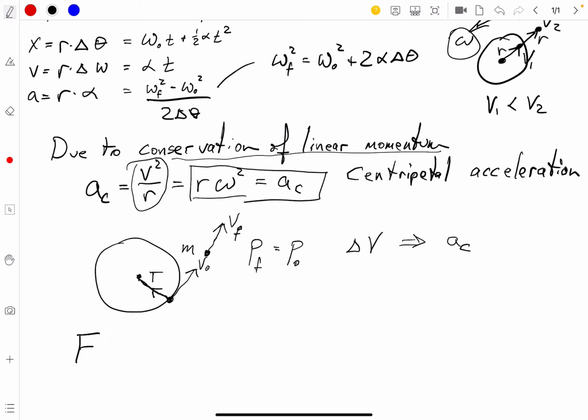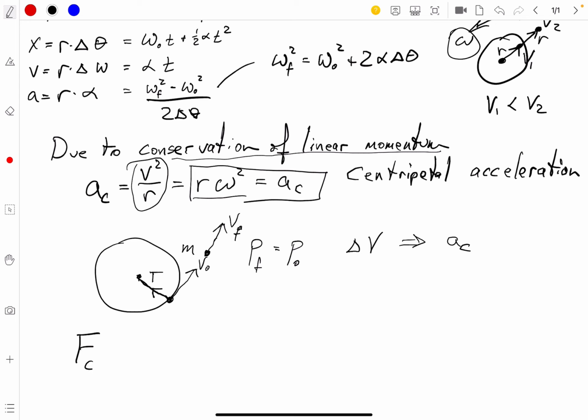So we have a force holding something toward the center. In this case, I said that the tension was our force, but it doesn't have to be. It could be anything, right? It could be your centrifuge, and the bottom of the vial is holding the material in a circle. So it doesn't matter.